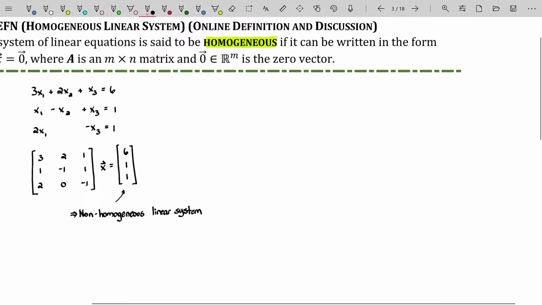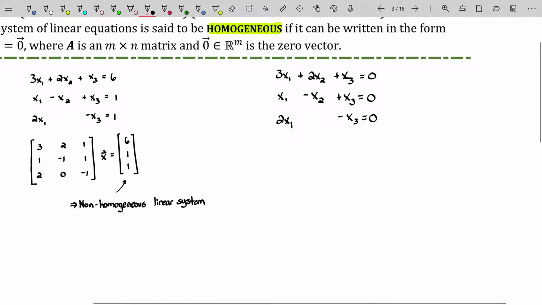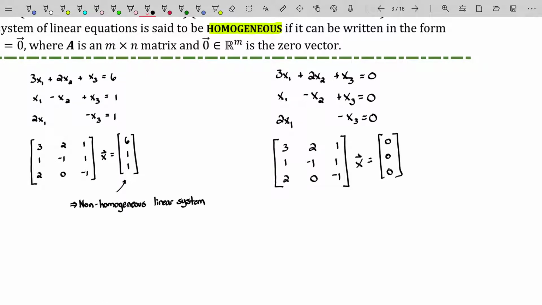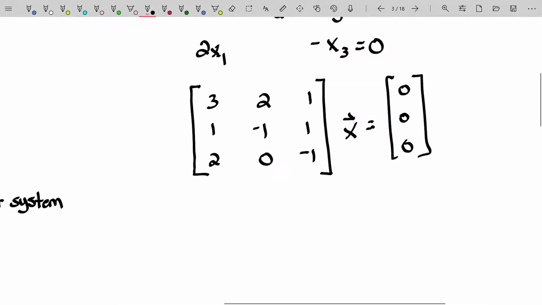Versus if somebody handed us this system, we should easily be able to tell that written as a matrix equation, this is a homogeneous linear system because it can be written as AX equals 0.